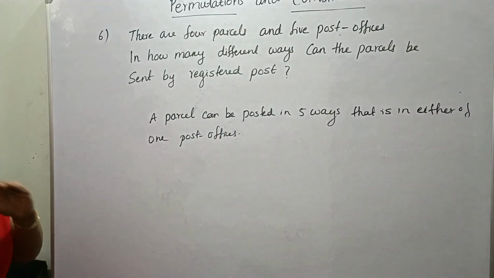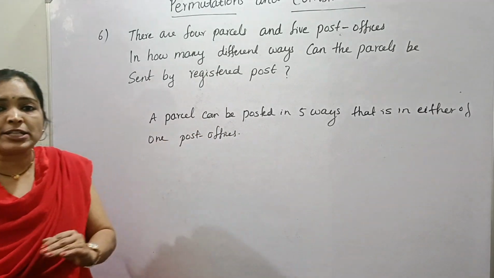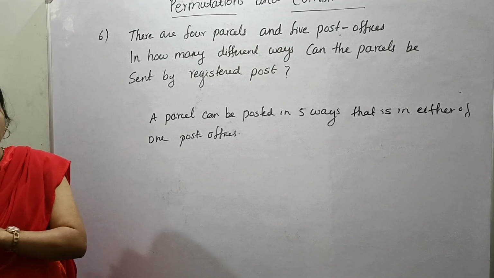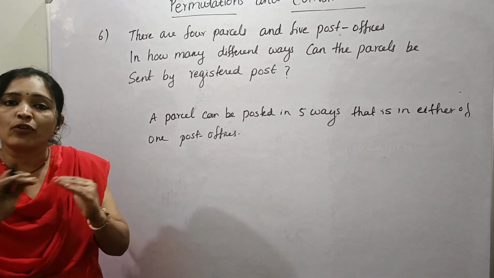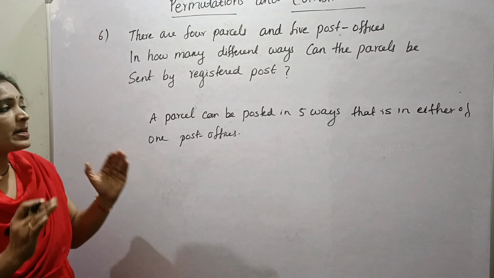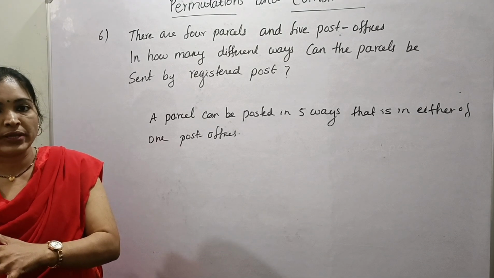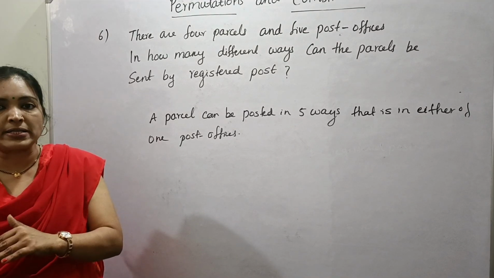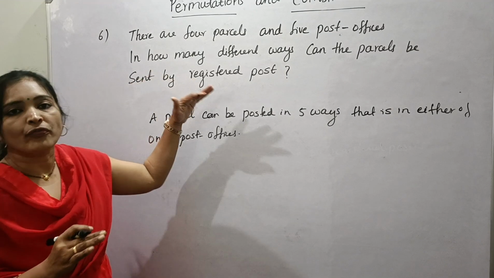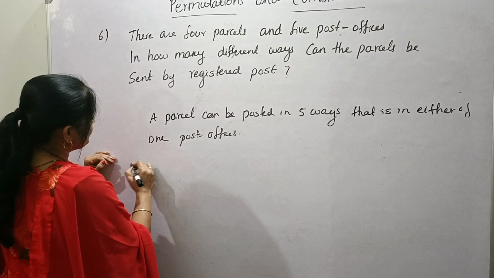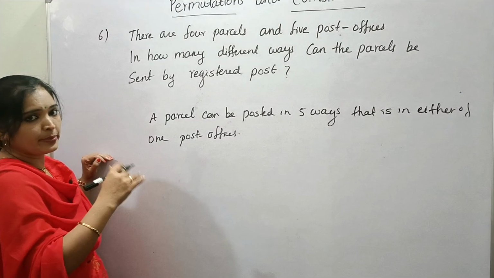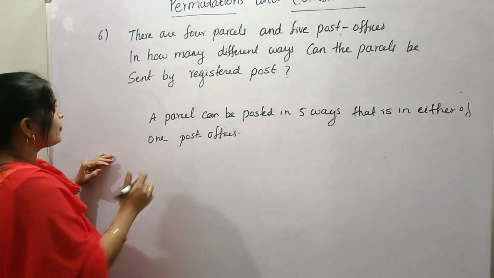Therefore, the total number of ways the parcel can be sent by registered post is 5 into 5 into 5 into 5, because there are 4 parcels, right? So one parcel can be posted in 5 ways, okay, and there are 4 parcels. Therefore, the total number of ways is 5 raised to 4. That means 5 into 5 into 5 into 5.